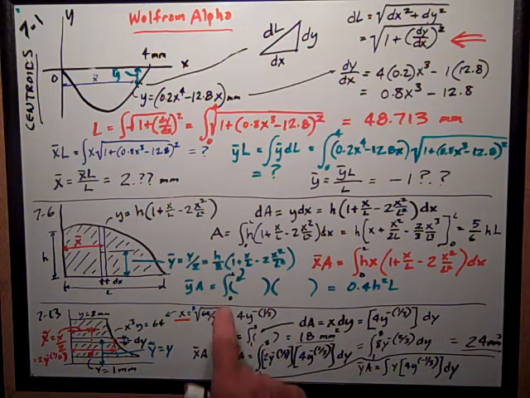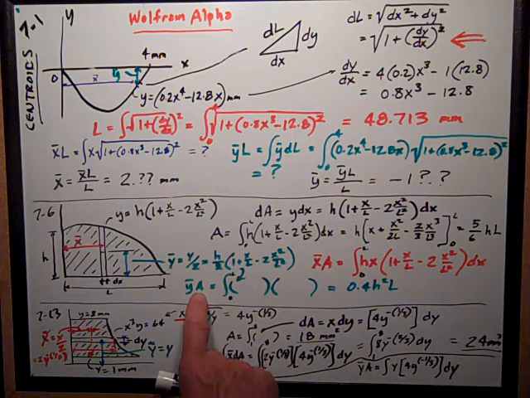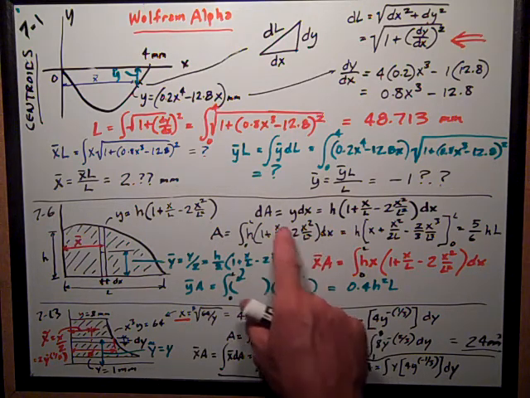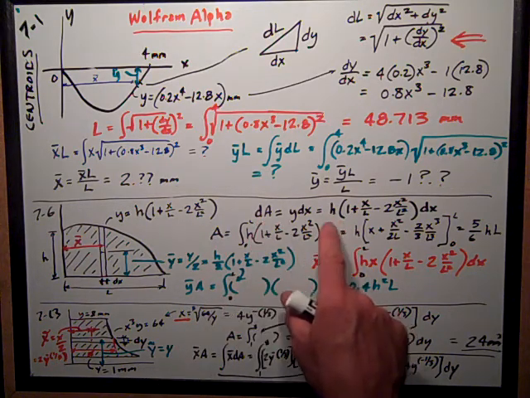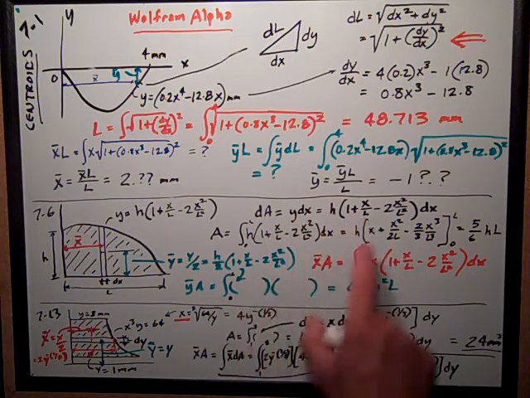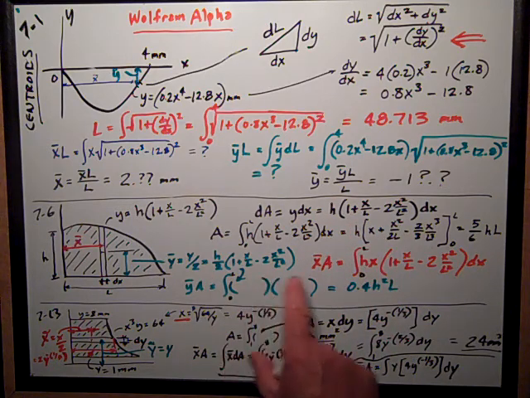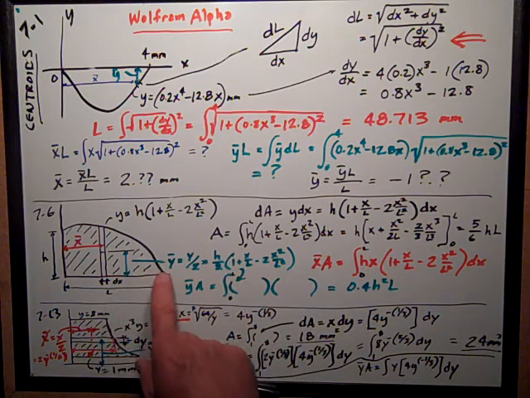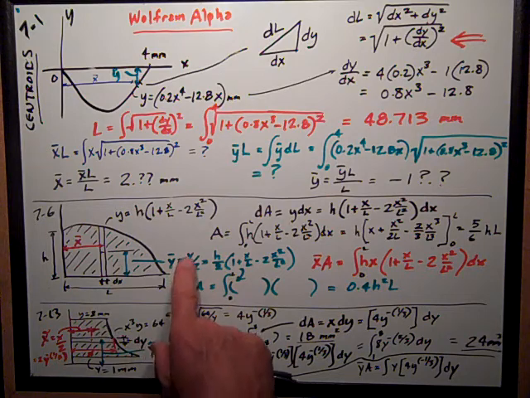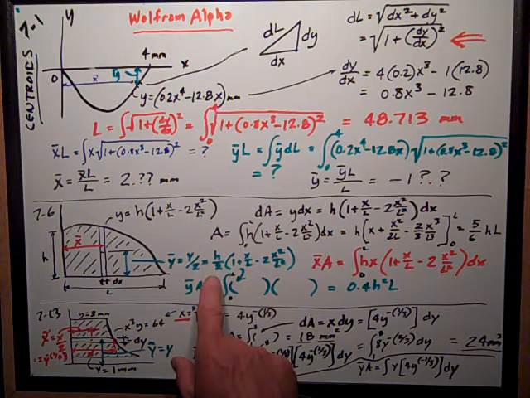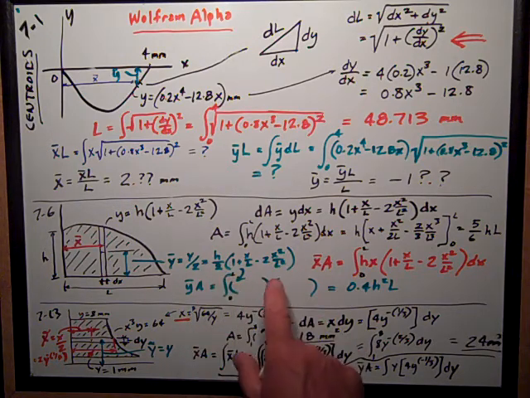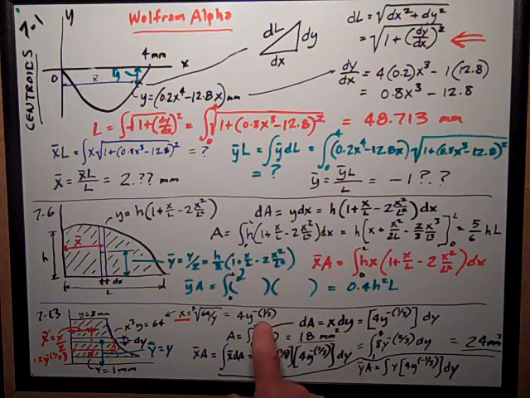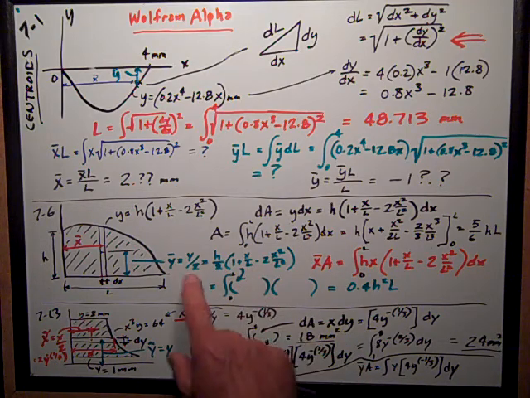y bar A is a little bit more complicated because I want to multiply this value for dA, y dx, which is up here, times this formula for y bar, which is y at any point divided by 2. So I just take the h divided by 2, multiply it by the rest of that expression, 1 plus x over L minus 2x squared over L squared, and I get a formula for y bar.